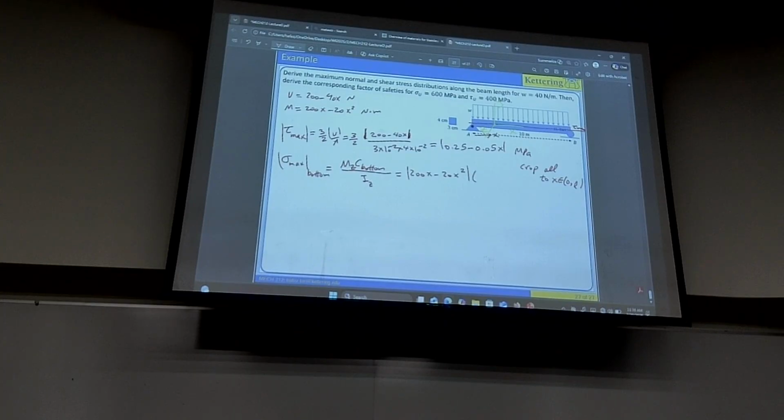So parentheses, C bottom, we know that this is z half of 4, 2 times 10 to negative 2. That's the C value, I believe Olivia and Drew said it. And then Iz, 1/12 base times height, one of them cubed. The one that's perpendicular to z should be cubed, which is 4.